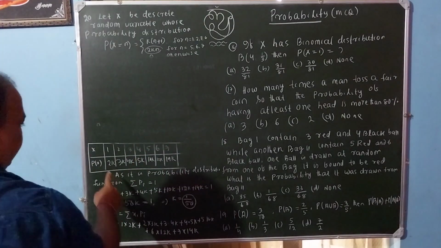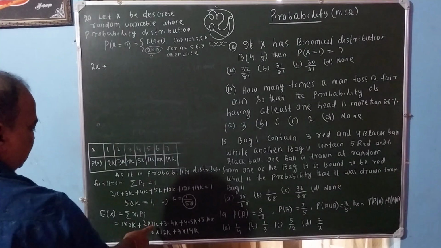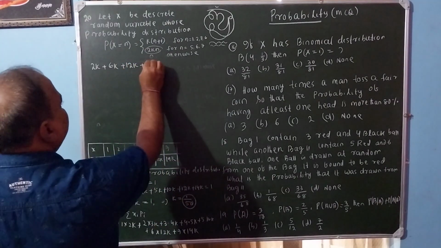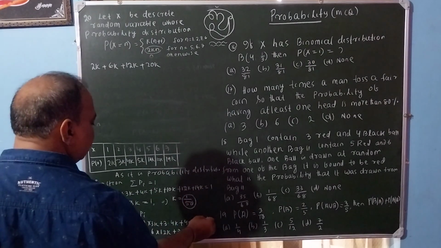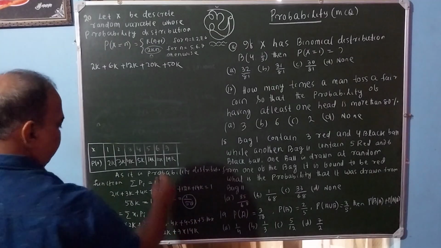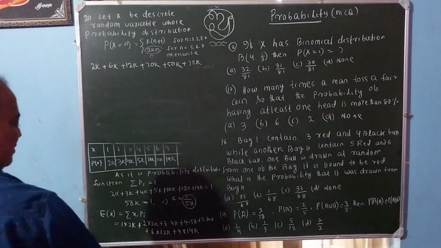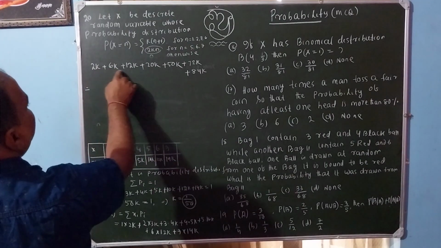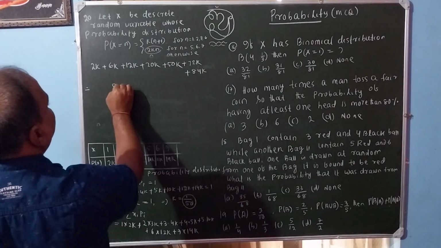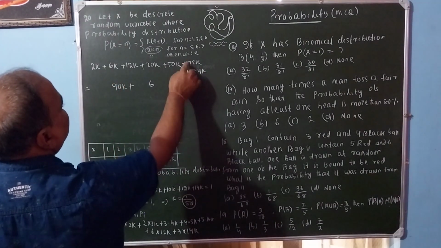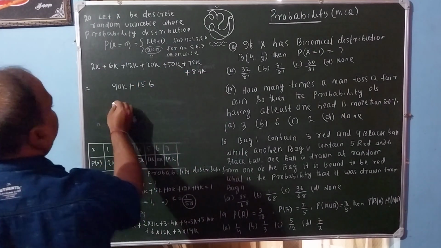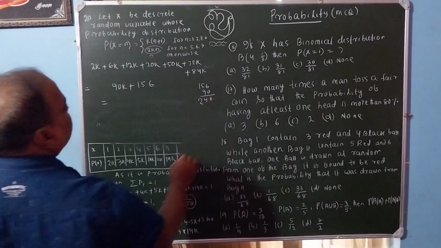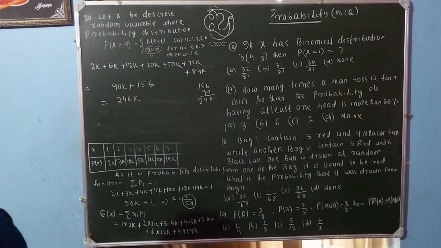Okay. So here it is 2k plus 6k plus 12k plus 20k plus 50k plus 72k plus 84k, which adds up to 246k.